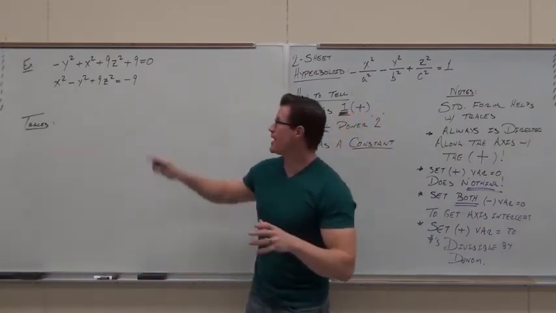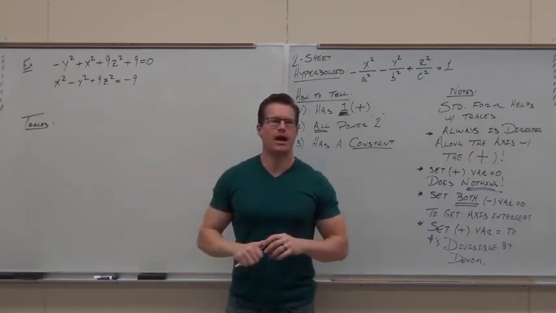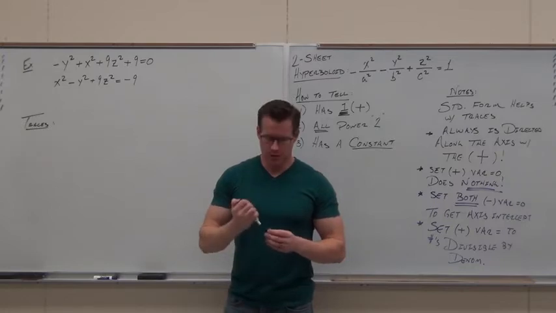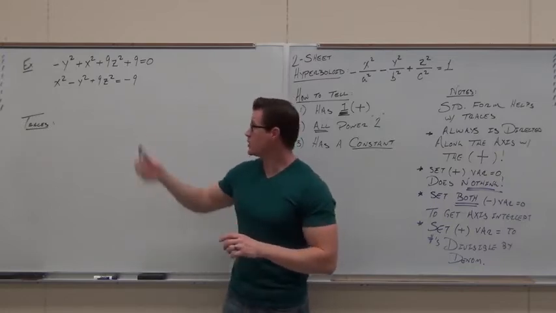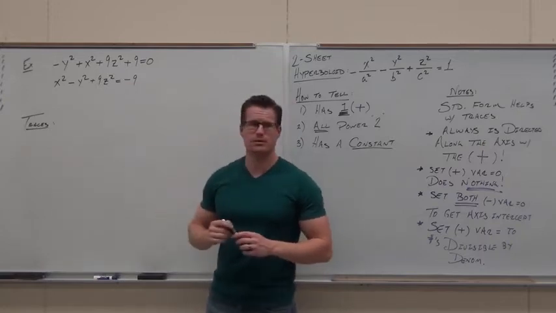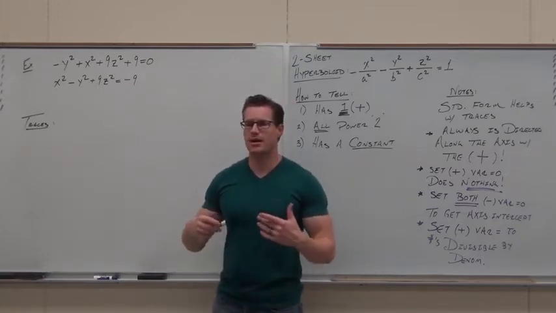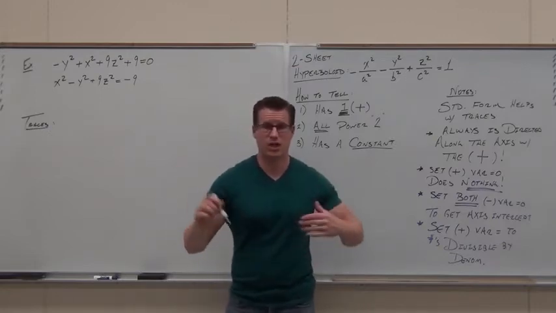What number do I want right there? Positive 1. Notice, if you try to tell me what's going on right now, you are going to tell me a one-sheet hyperboloid if you do not take that into account. Get it to standard form and you never make that mistake. So let's divide by the -9, and we're going to change all of our signs.